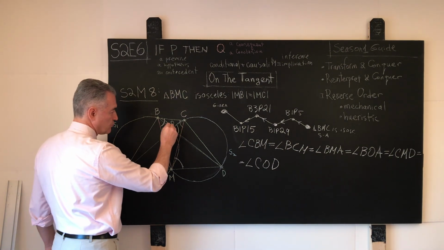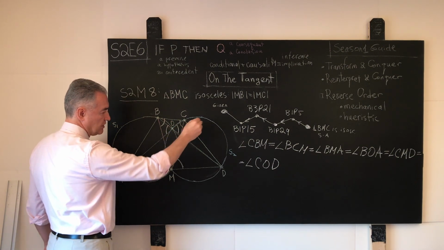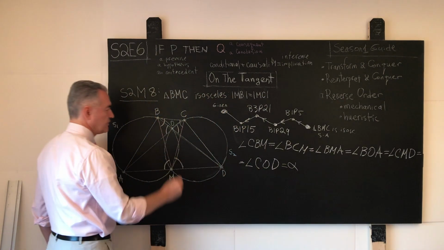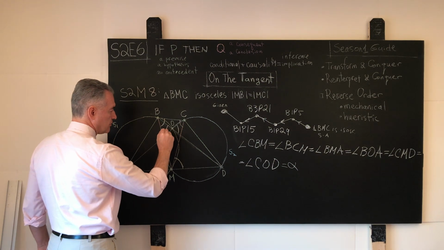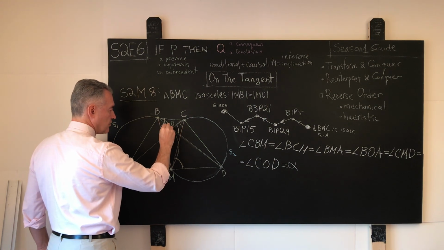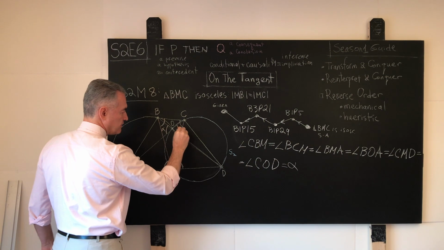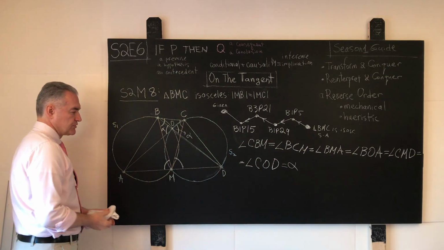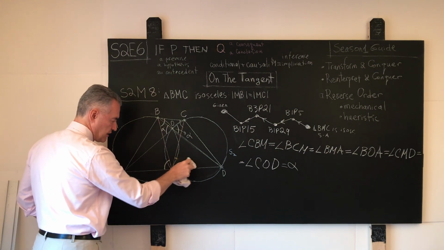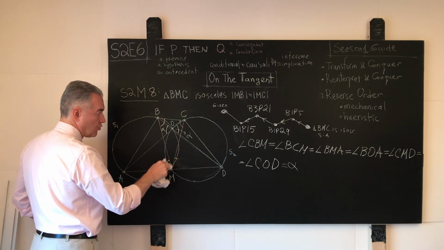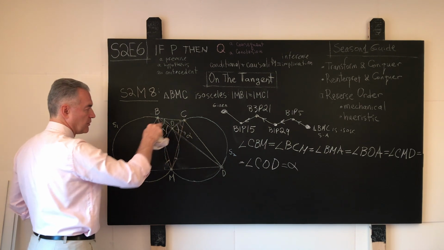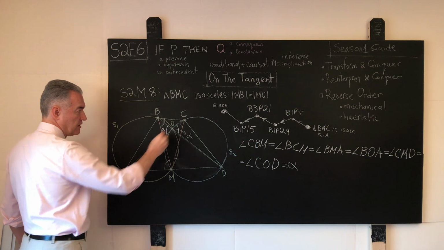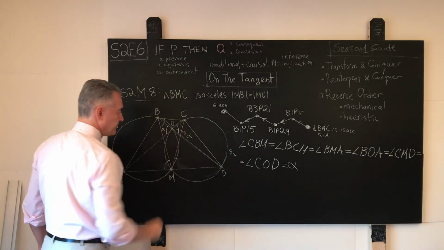So we'll write down, for example, BOA and COD, let's say, is the angle alpha. So we mark it on our diagram, angle alpha, and this one will be angle alpha. In your presentation, you will not have these other angles marked. You will only have the angles BOA and COD marked as alpha.